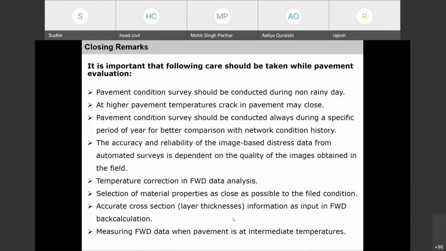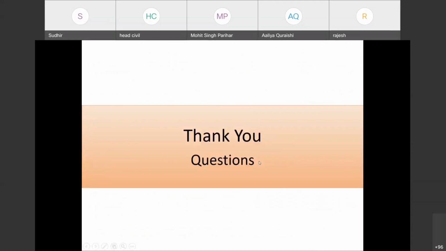So at higher temperatures, you may have the material not behaving as an elastic or viscoelastic material. So it's always better to conduct the test at intermediate temperatures. So with this, I would like to stop here.